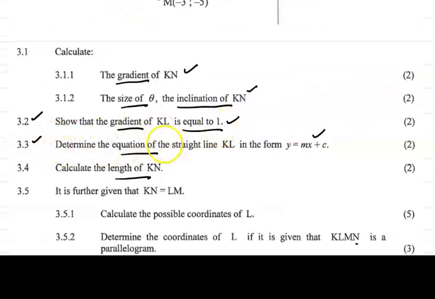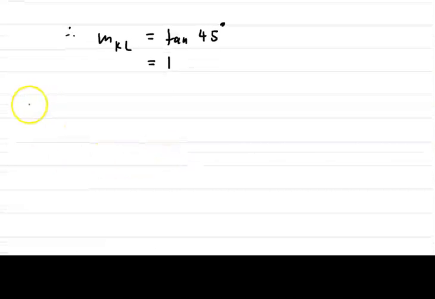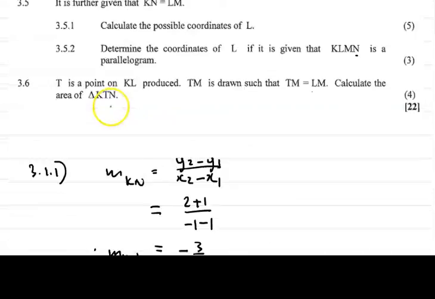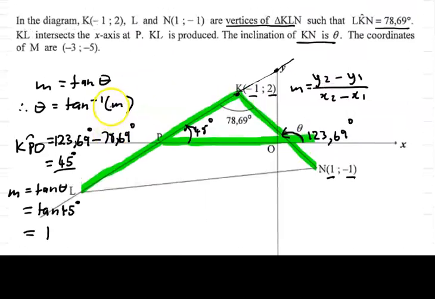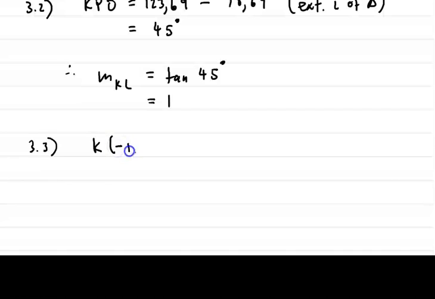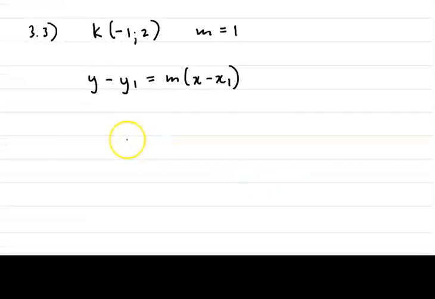So for 3.3, the solution would look as follows. Our point is K, minus 1 and 2, and our gradient m is equal to 1. So we'll write down the formula y minus y1 equals m into x minus x1. Let's substitute.